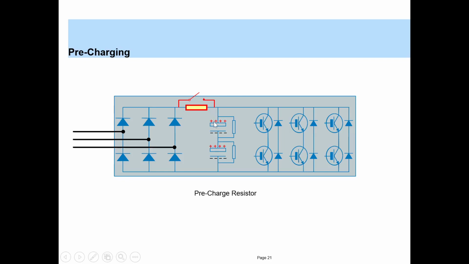So why do we need to pre-charge? Consider the scenario when you don't have this resistor. What will happen? This is the AC supply and you have a capacitor here. Talking about the dynamic characteristics of a capacitor, let's assume the capacitor is discharged at t equal to 0.